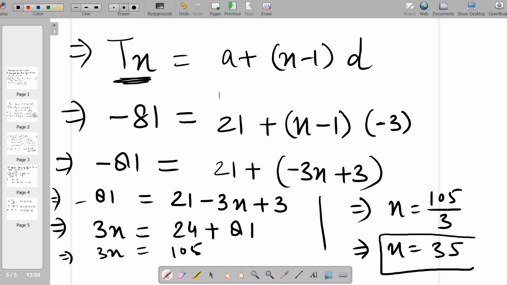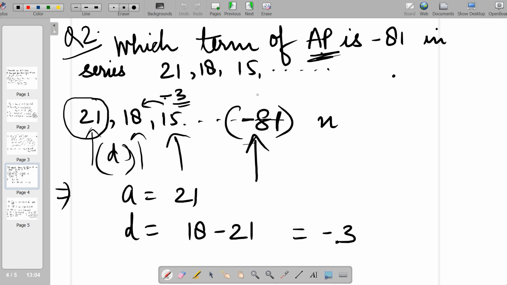Now n is equal to 35 means the 35th element of that series. 35th element means you will count up to 35. The 35th position element will be your minus 81.